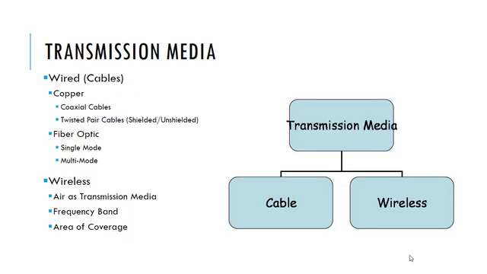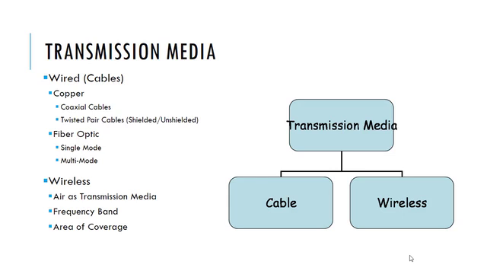The transmission media. The transmission media used by a computer network can be wired media, the cables, or wireless media using air as the transmission media. The wired media, the cables, can be made of copper or of fiber optic. Copper cables can either be coaxial cables or twisted pair cables, and in turn the twisted pair cables can either be shielded or unshielded, either STP, shielded twisted pair, or UTP, unshielded twisted pair.